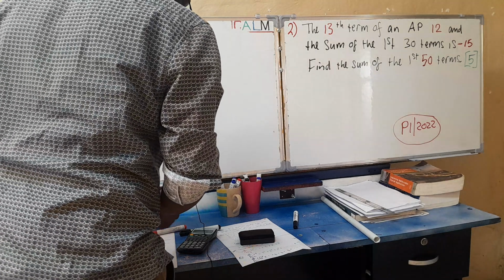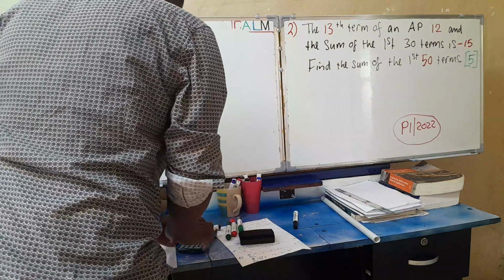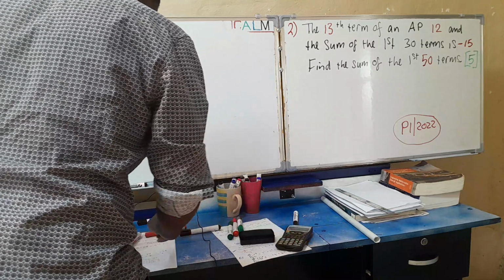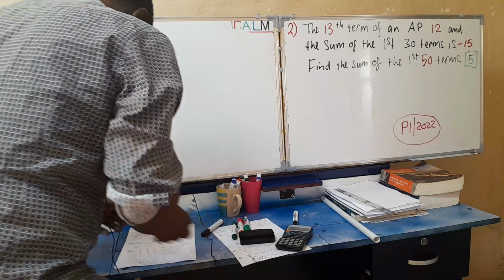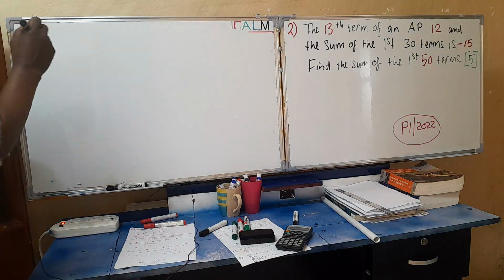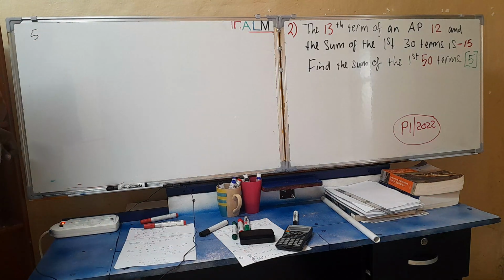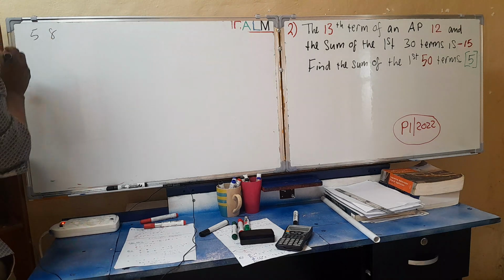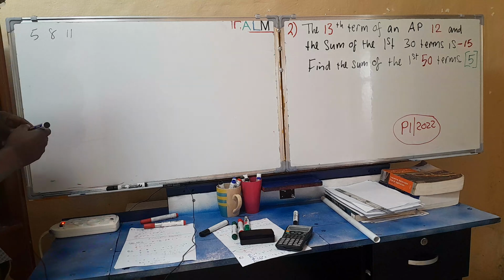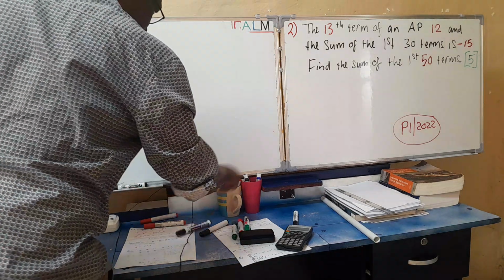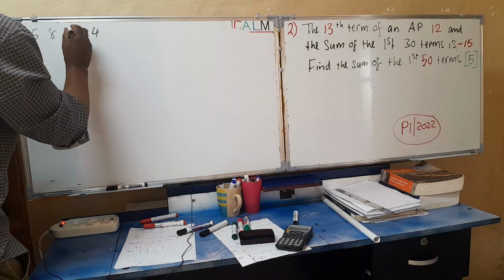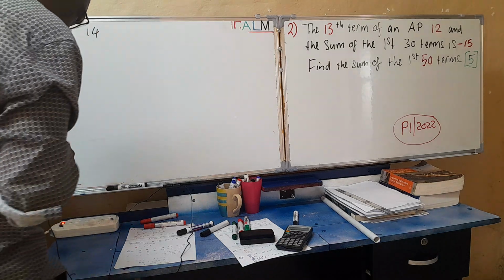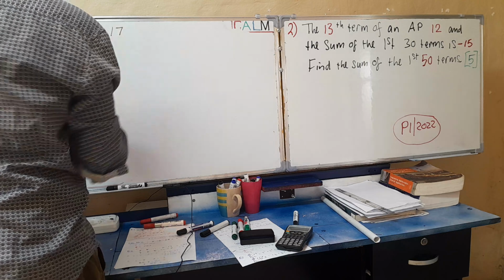Now, first of all, of course, we need to discuss a little bit about the idea of an arithmetic progression. Supposing we have numbers like this: 5, 8, 11, 14, and 17.